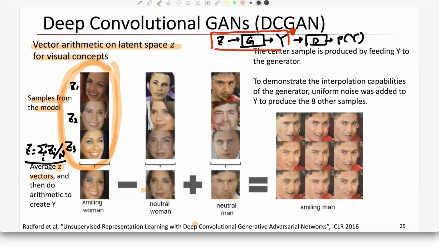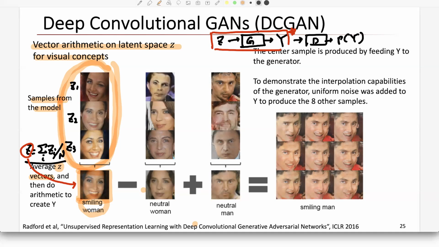And then with this average value Z, we can make a new image, a common, canonical smiling image in our trained generator, right?